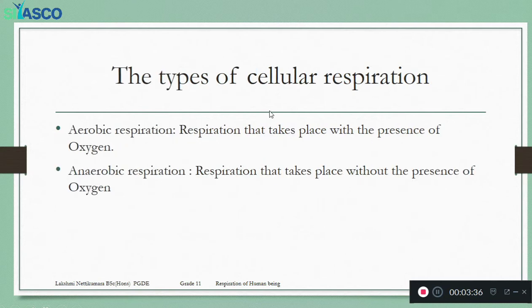So, according to the usage of oxygen, we can divide cellular respiration into two: aerobic respiration, where respiration takes place with the presence of oxygen. In certain instances, certain living organisms produce energy without the use of oxygen. In such cases it is termed anaerobic respiration.